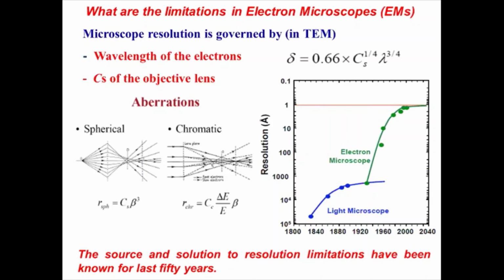Now in the case of the optical microscope, there are spherical and chromatic aberrations. Spherical aberration comes from the lenses, and the chromatic aberration is due to the distribution of wavelengths in the source. If the source is not monochromatic, you have chromatic aberration, and depending on the lens defects, you get spherical aberration. So in the optical microscope, it is very difficult to reduce the chromatic and spherical aberration beyond a certain level.